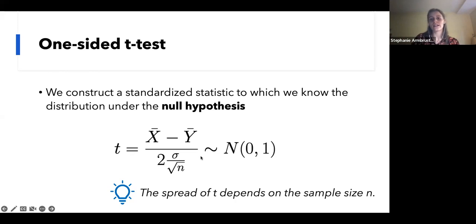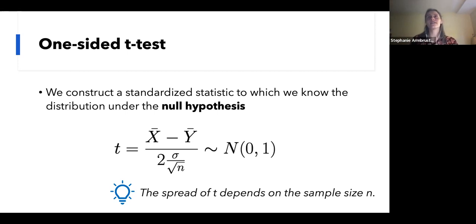So there's again the squiggly line n. And that'll help us, because that way we can actually make statements about probabilities, because we know kind of how this t should be distributed, what its normal values are for our null hypothesis.